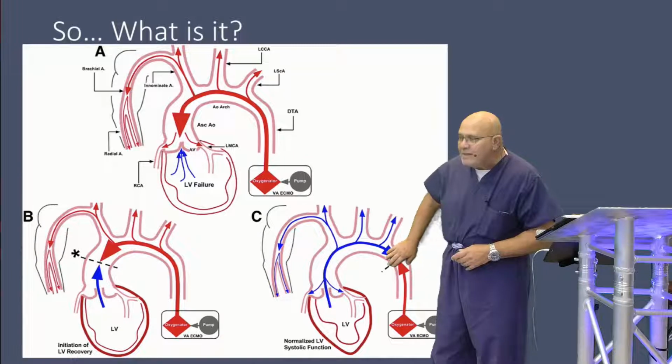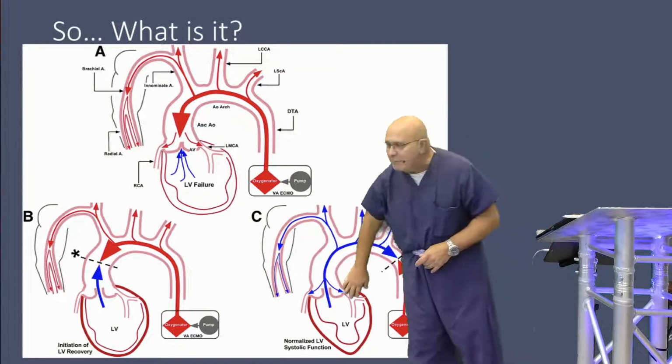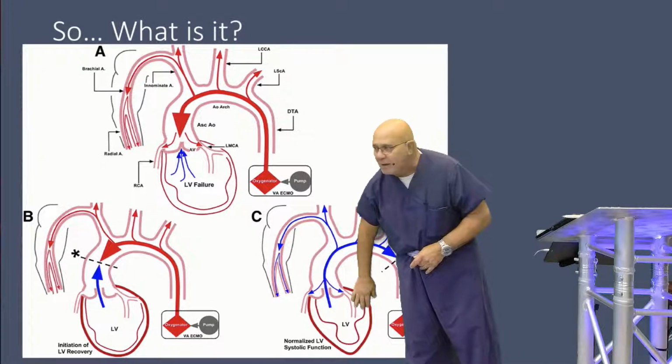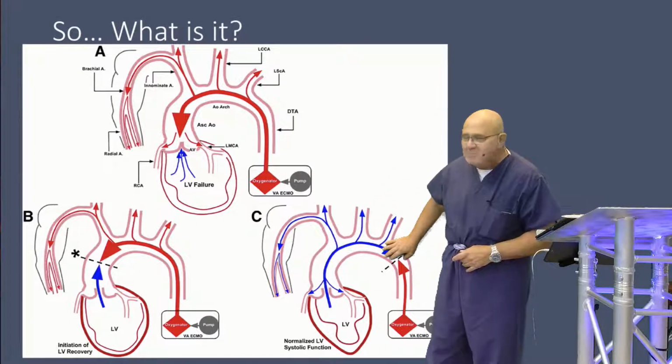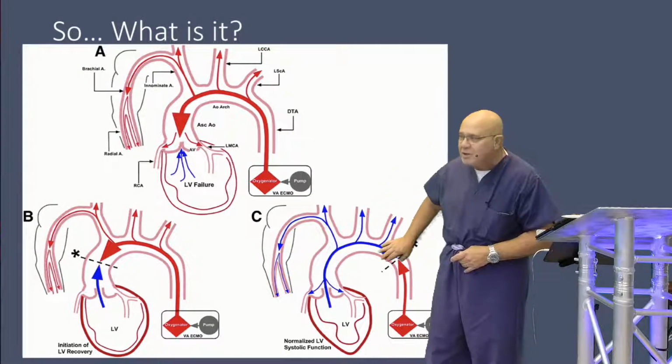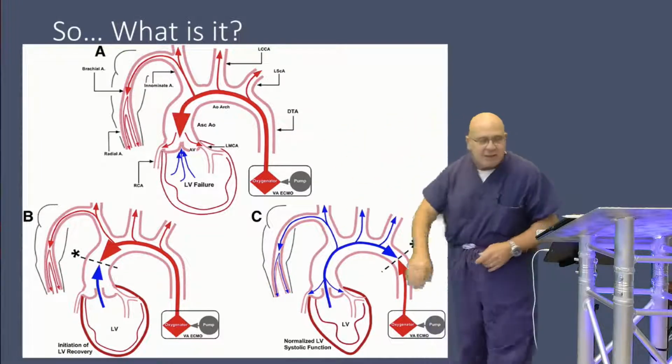Why this is so critically important is that this may not be the LV recovering, but it could be the Impella working very efficiently and able to project this blood all the way around the arch, which, if this blood is desaturated, is exactly what the brain is going to see.